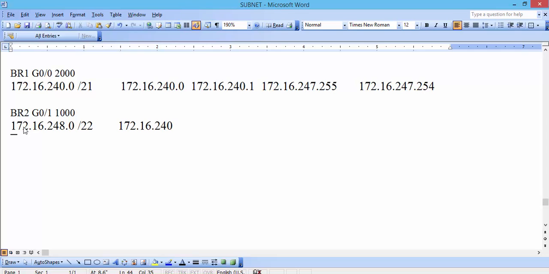Then our first host address is 172.16.248.1, and then our broadcast address is 172.16.251.255, and then the last host address is 172.16.251.254, and these are all /22 networks.